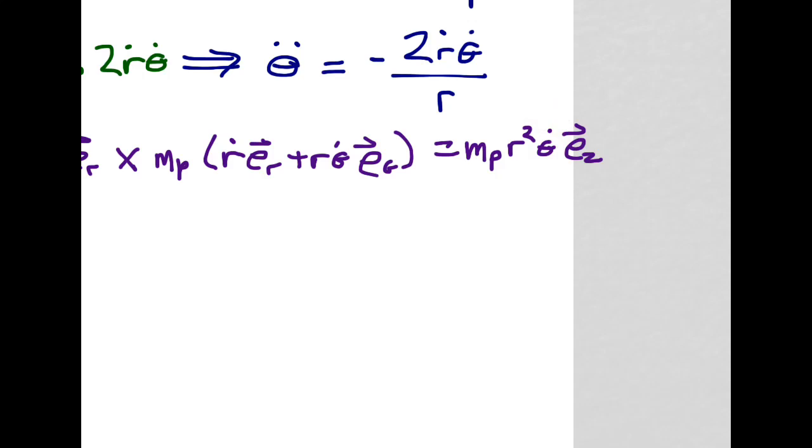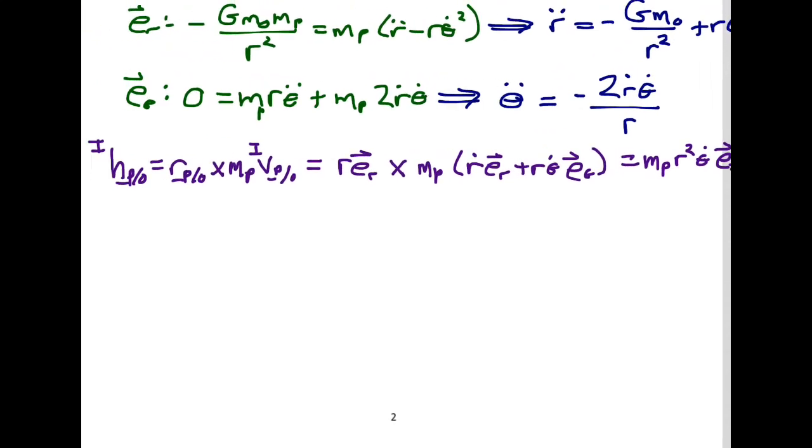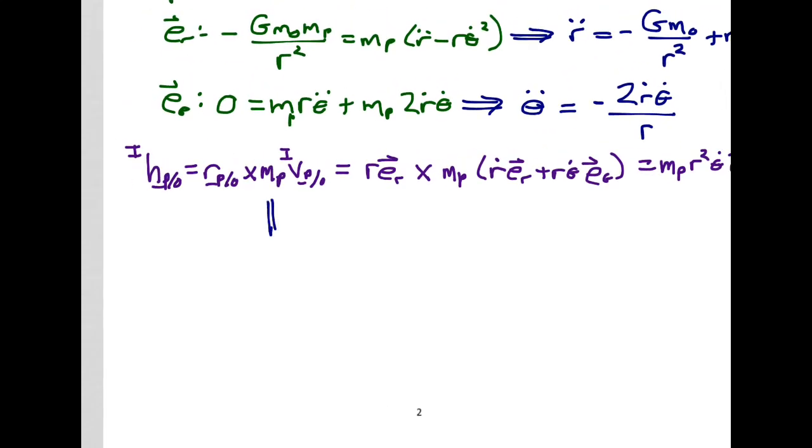So instead of it being dependent upon r dot, theta, and theta dot, the full state of the equation, there's only two parameters that we need to be concerned about, and that's the distance away from the larger mass and then the angular speed. And so we can just say that the magnitude of the angular momentum is always going to be equal to the mass times r squared theta dot.